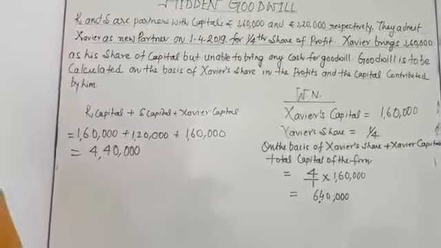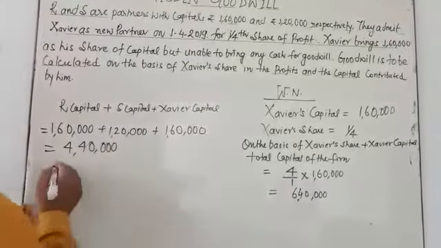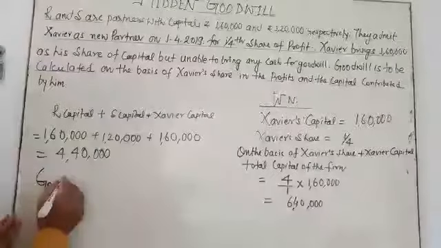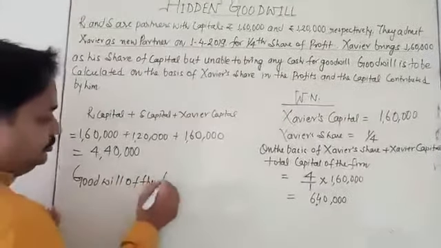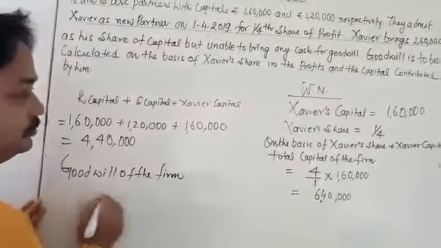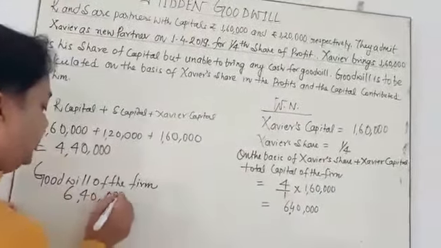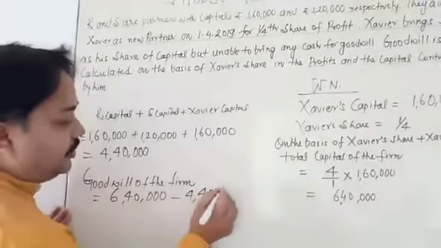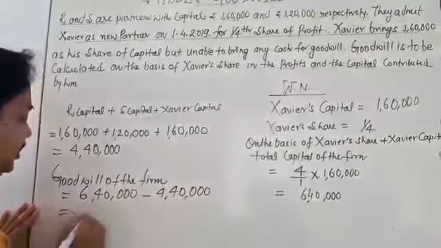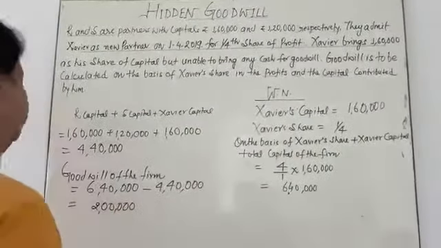Next you have to find the goodwill of the firm. Goodwill of the firm is equal to 6,40,000 minus 4,40,000, which is 2 lakh. It is the goodwill of the firm.